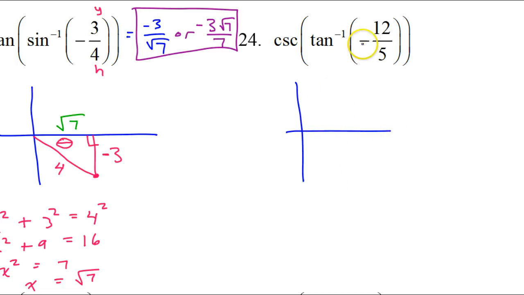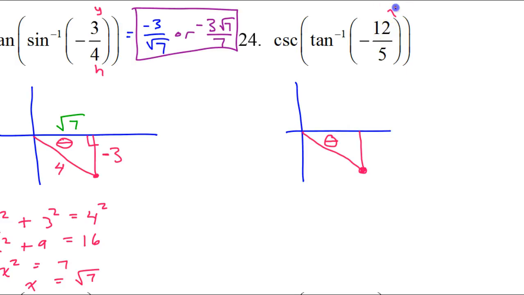Now, if I want the tangent to be negative like this, I'm going to draw an angle in the fourth quadrant because everything's positive up there. So here's an angle drawn into the fourth quadrant. This is the angle that we're talking about. Tangent is opposite over adjacent.